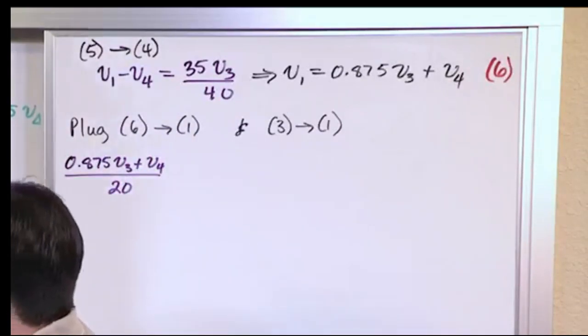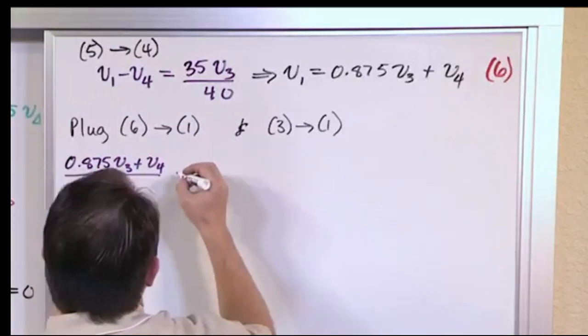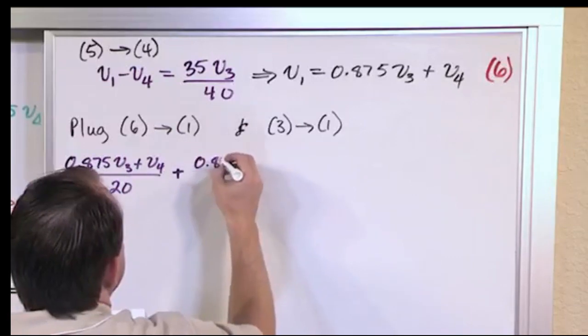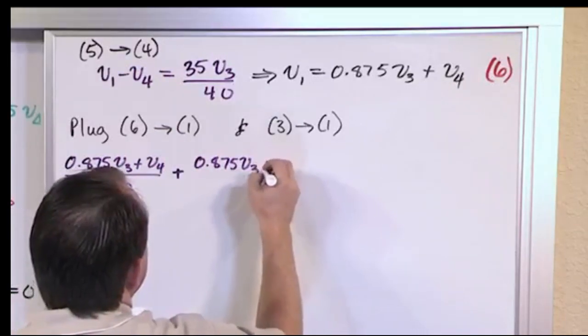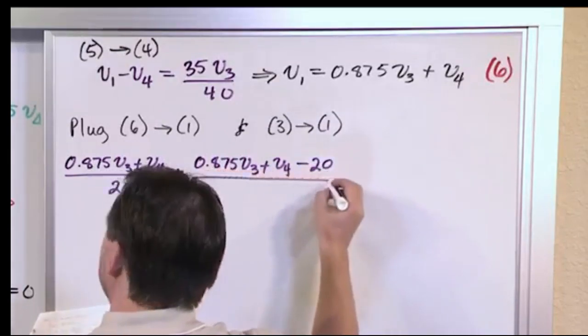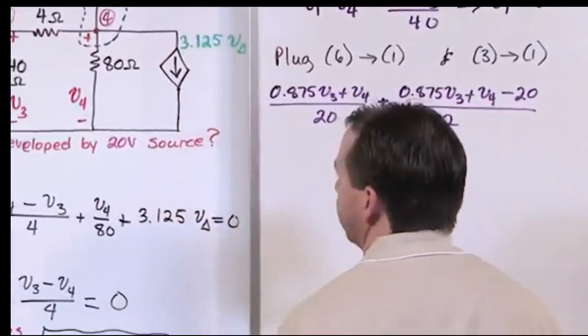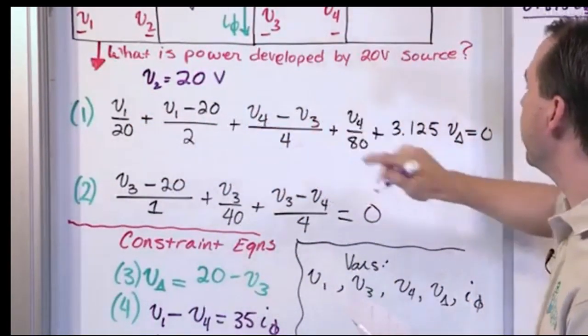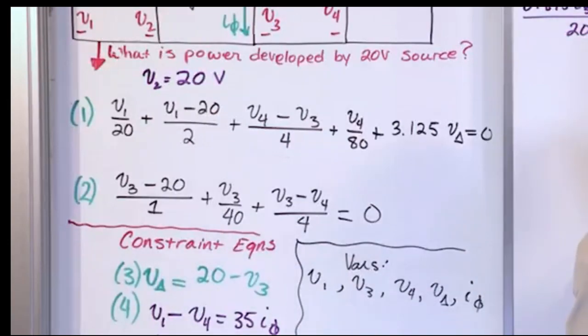Here I have V1 minus 20 over 2. V1 is given by this, 0.875 V3 plus V4, minus 20, over 2. Okay, so I've substituted for V1. This is involving V3 and V4, so there's nothing to substitute there, and I'll just copy that over.